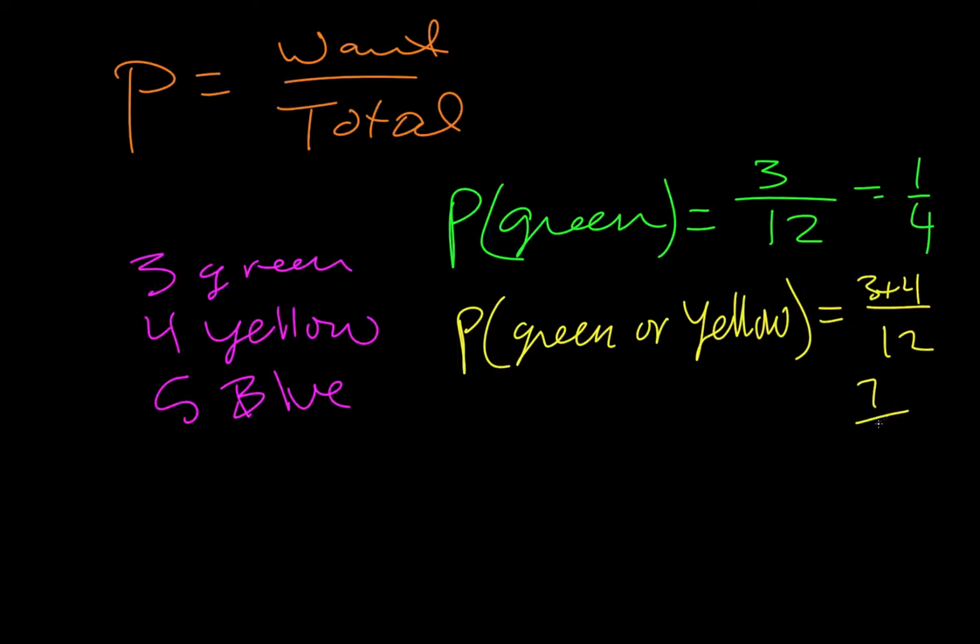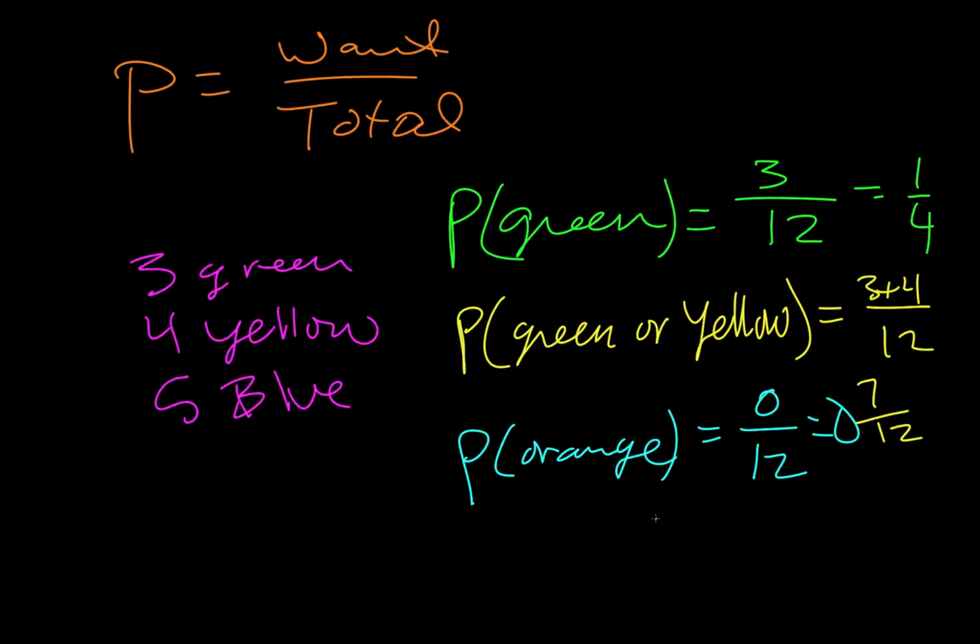So we get 7 over 12, and that's our probability. Next one, we want to know the probability of an orange ticket. Since there are no orange tickets, what we want is 0 divided by the total, 12. 0 divided by 12 is 0.